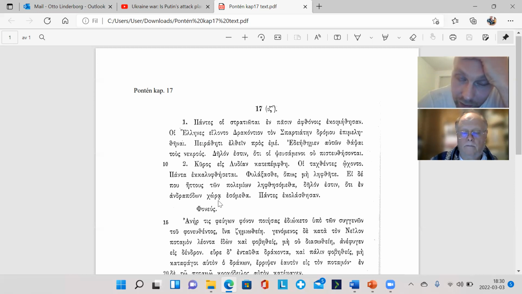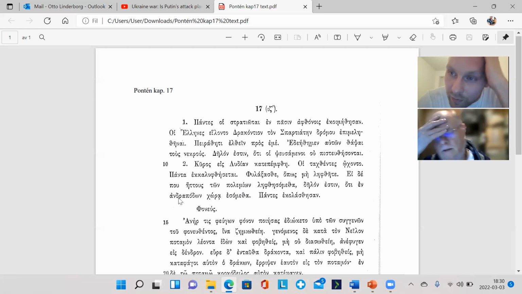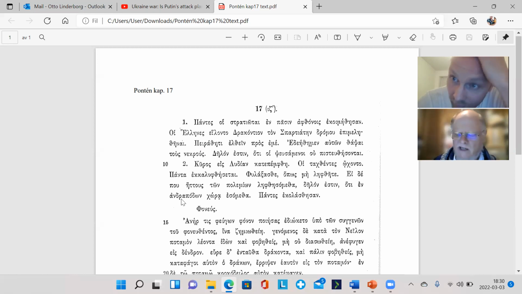Anthropos is a slave, common slave. But then we will be in the land of the slaves. Yeah, that's the meaning, but it's a bit unclear what it actually refers to. It's like if we are caught weaker than the enemies, then it's clear that we will be in the land of slaves. Don't ask me what that means.